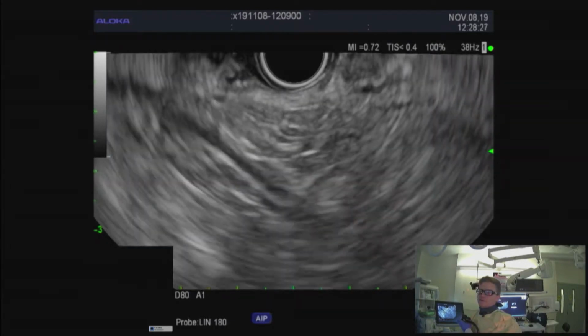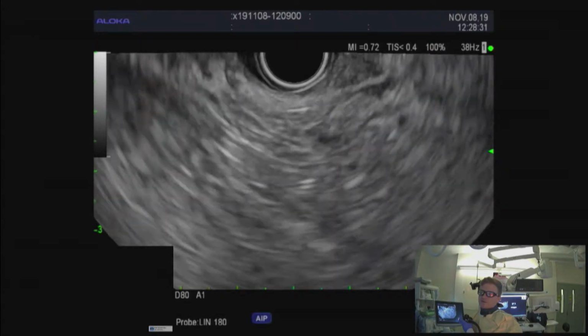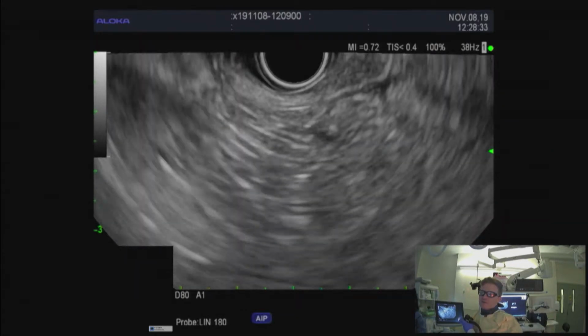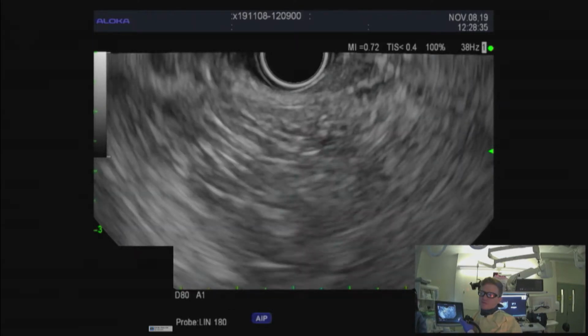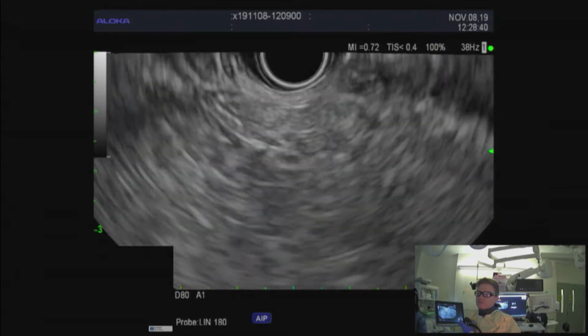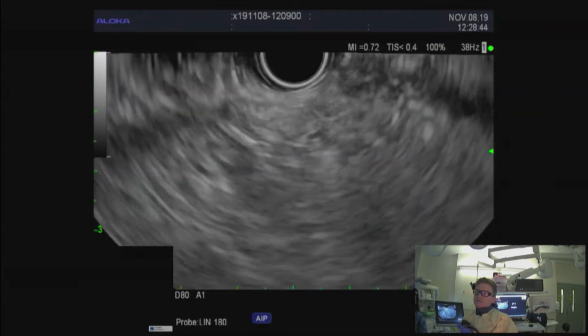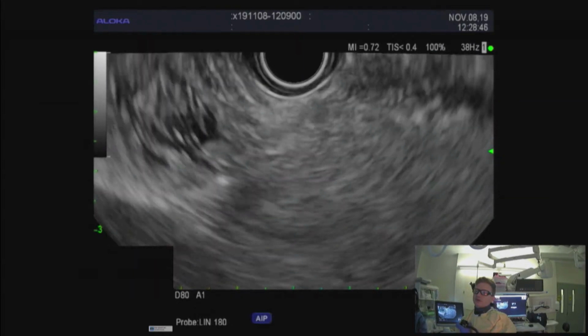Okay, so getting close here. And there I can see the pancreatic duct, the thin ductal structure there. There's some hypoechogenicity above the pancreatic duct at the region of the ampulla with some likely edema or swelling there. But what I'm not seeing yet is any kind of stone present or any shadowing.